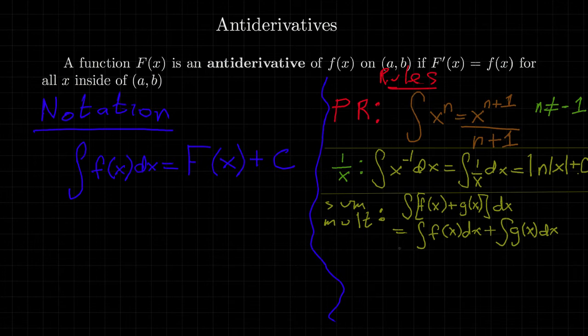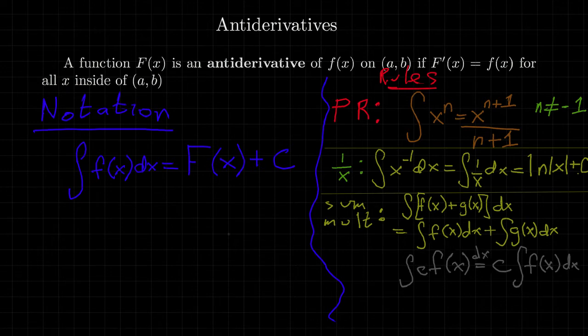And also, if you want to find the antiderivative of a constant multiplying your function, this is equal to the constant times the antiderivative of your function. I forgot my dx right here.